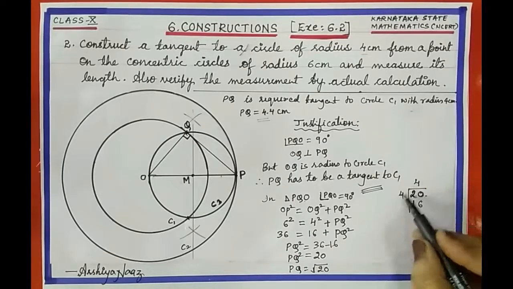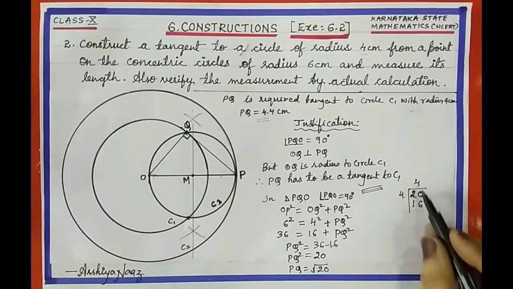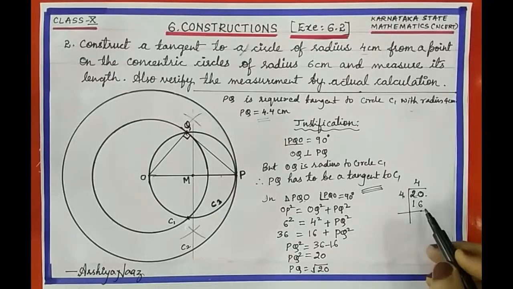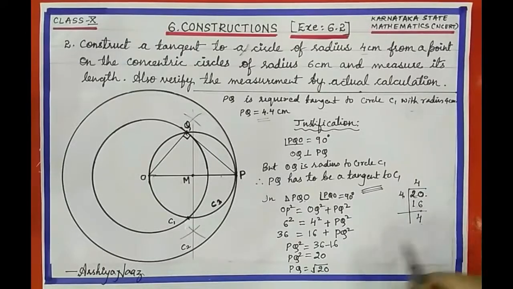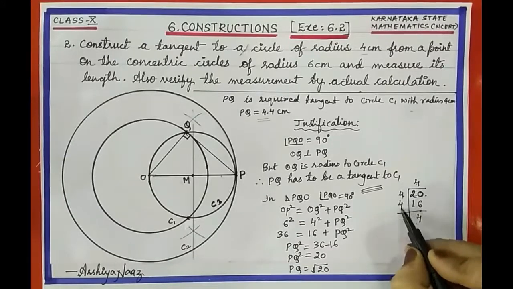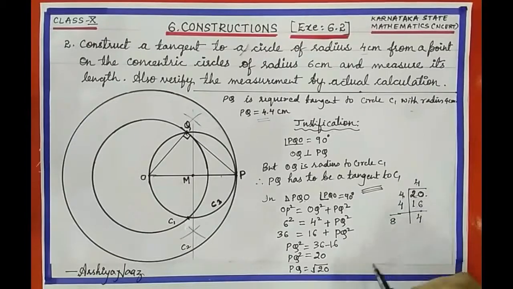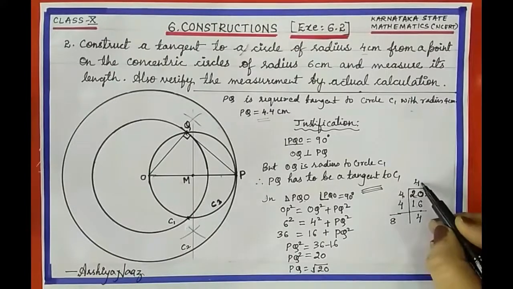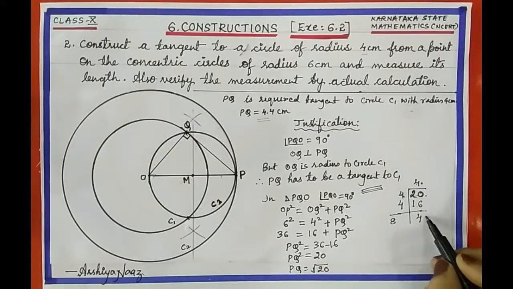We have to take the same number. 4 into 4 is 16. Now subtract these two numbers, we get 4. Add this 4 here. If we add, we get 8. Put the decimal point here. We can take 2 zeros.